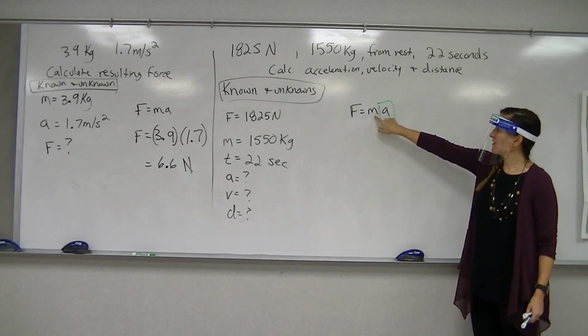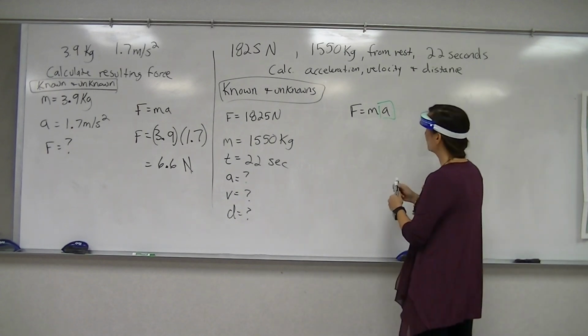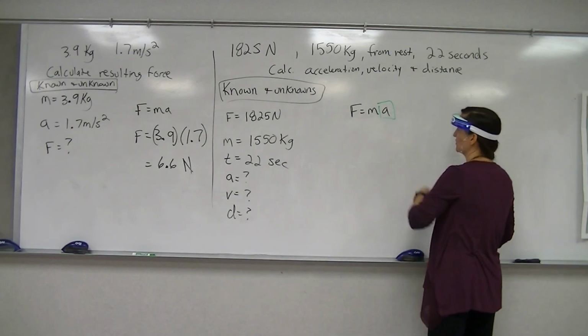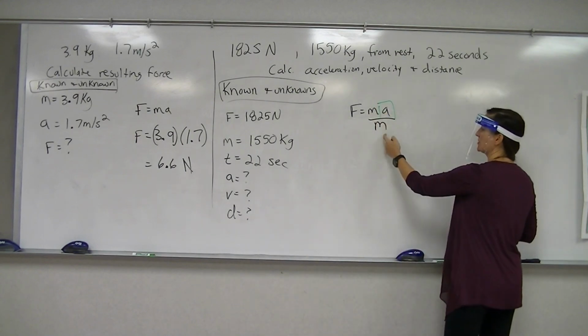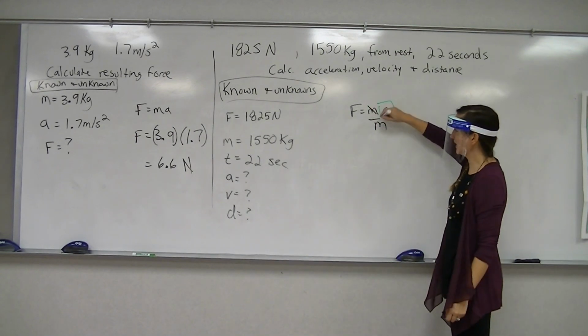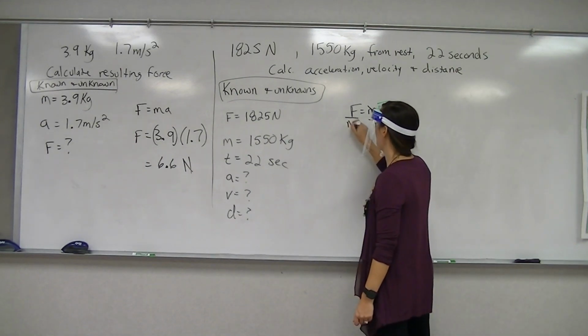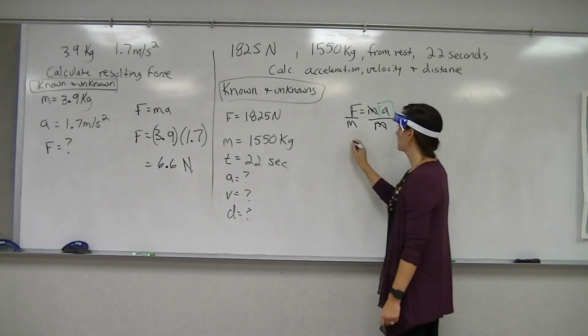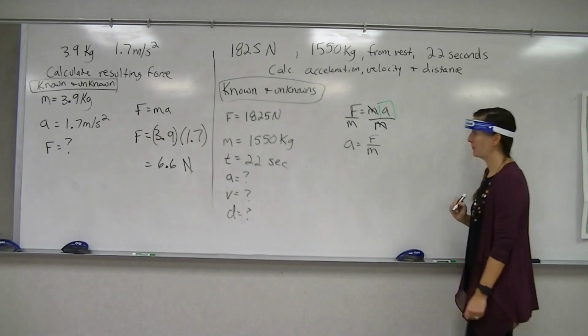So right now we're taking mass and multiplying it by acceleration. So to get rid of the m, to get it on the other side of the equation, we're going to divide by m. That way, they're on opposite sides of this horizontal line and they cancel. Whatever I do to one side of the equation, I have to do to the other. So to solve, I'm going to take my force and I'm going to divide it by my mass.